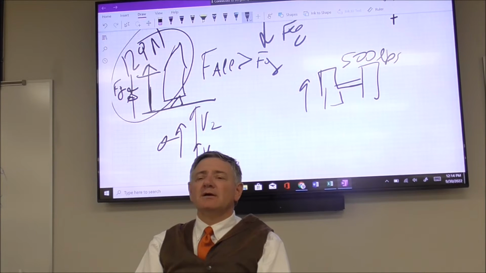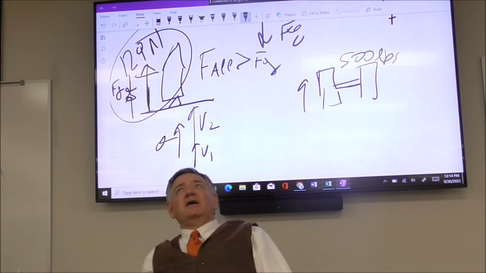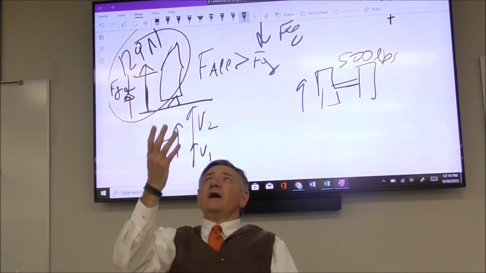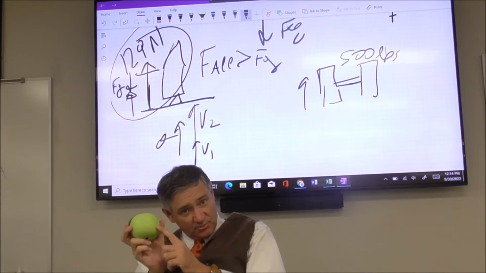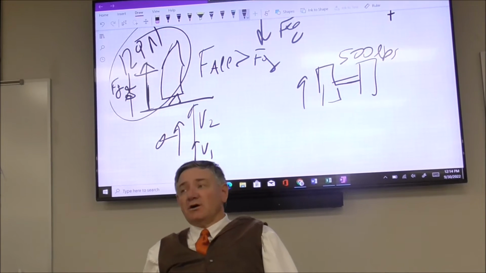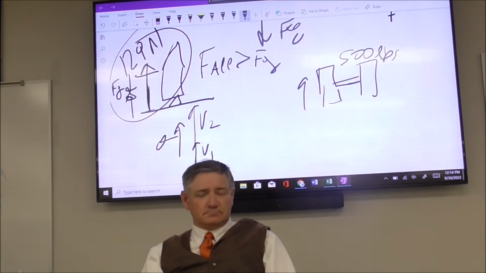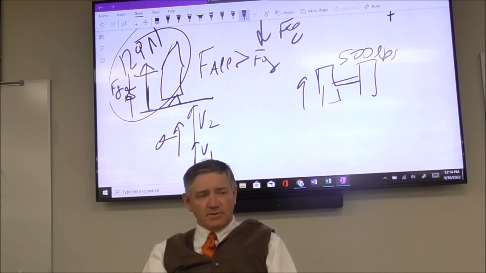Okay? So, as soon as you shut off the rocket engines, that's analogous to me throwing this apple up in the air. This apple weighs exactly 1 Newton, it even says 1 Newton. So as soon as that apple leaves my hand, what's the only force acting on the apple? Gravity.